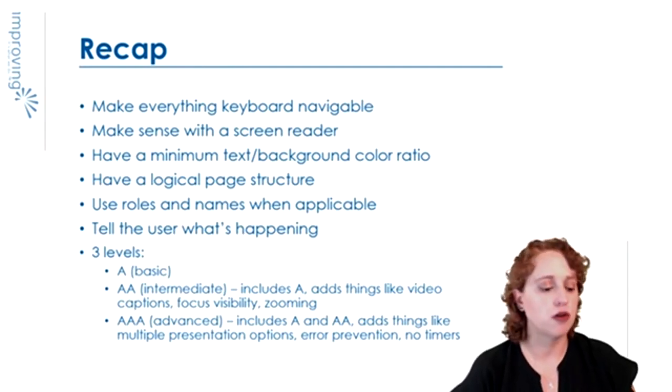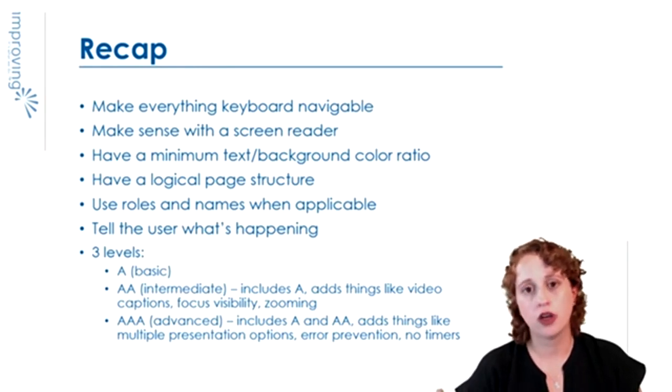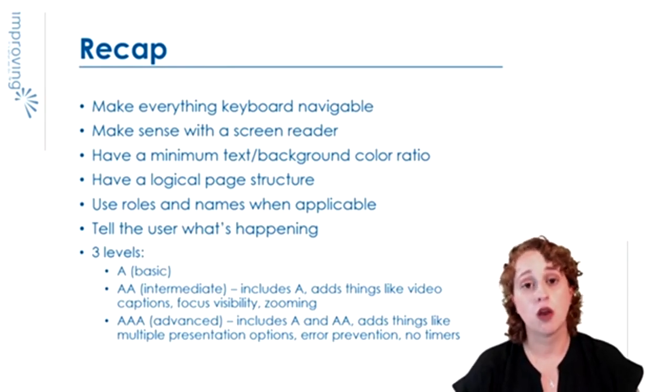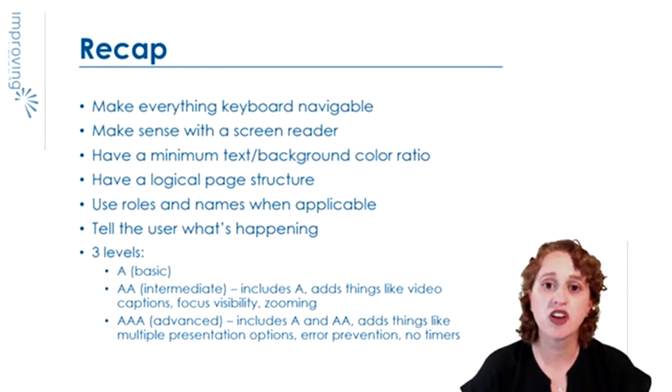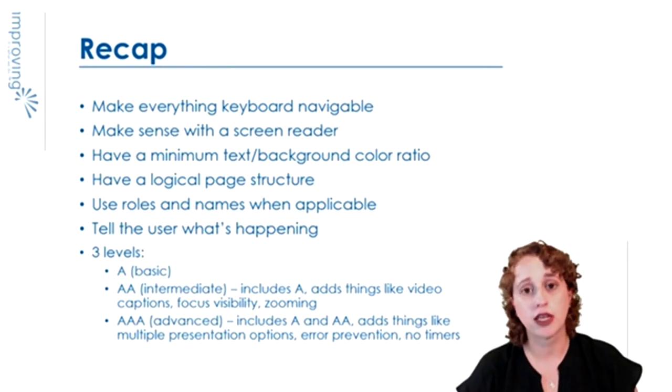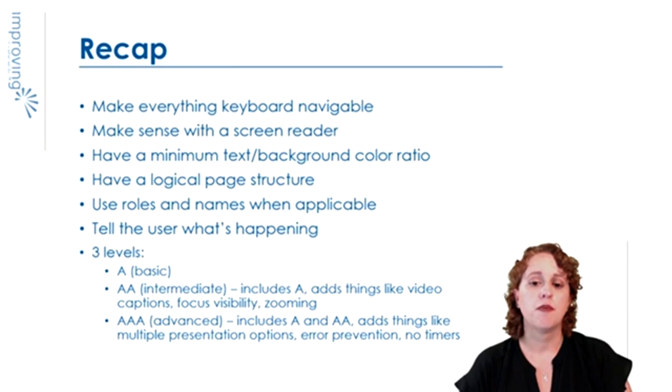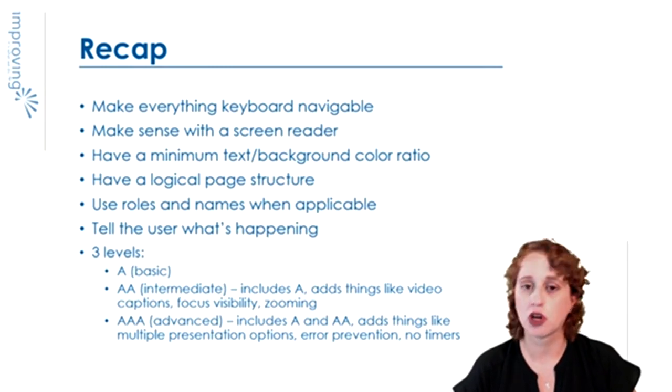How many times have you filled out a form online and you don't want to click from form item to form item? You want to just go through quickly on your keyboard, tab between them, and work with that. So if it's properly keyboard navigable, if it's not jumping all over the place, that's just good usability on top of being accessible. Make sure that your site makes sense with a screen reader.